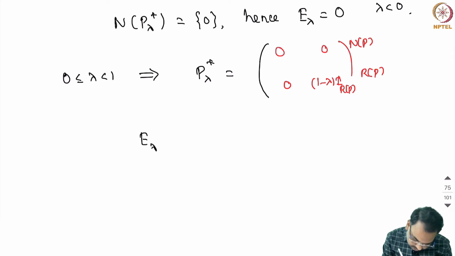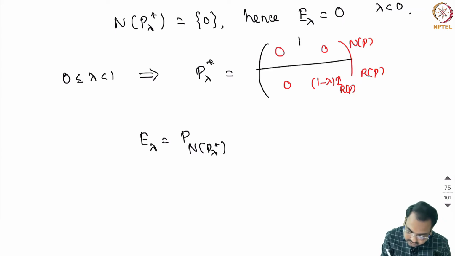So E lambda is the projection onto the null space of P lambda plus, which is the null space of P only. So this is the projection onto the null space of P.